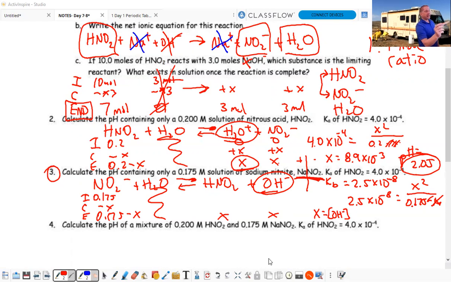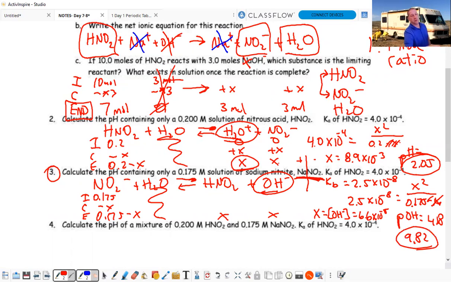So I'm multiplying there, I get x squared. Take the square root, and we get x equals 6.6 times 10 to the minus 5. Negative log of that, and we get a pOH of 4.18, which gives us a pH of 9.82.